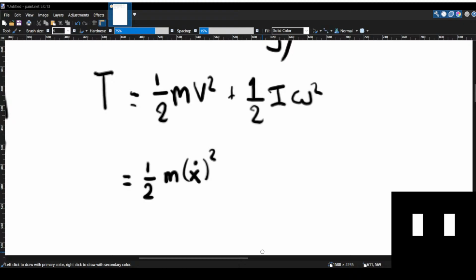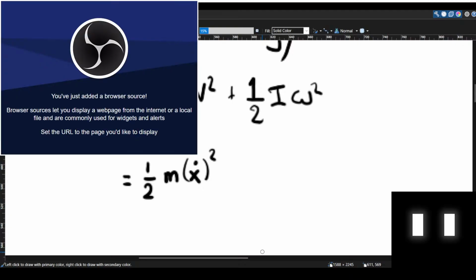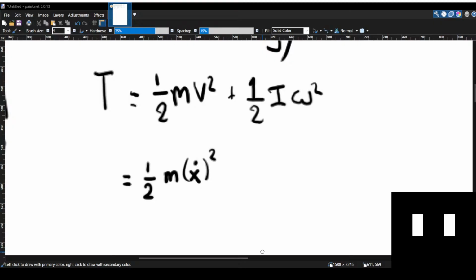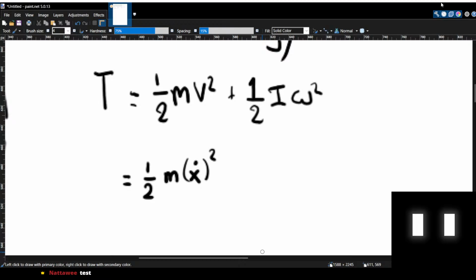All right, let's see if this works. Chat overlay, and then I paste that there. And now I test it out. Boom, test. And chat appears there. Yay! That's first try, baby. Normally it takes quite a lot of tries for that to work.